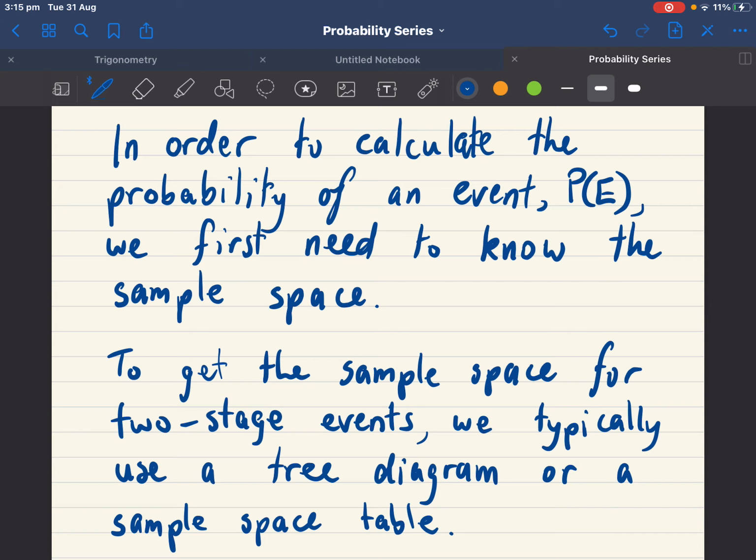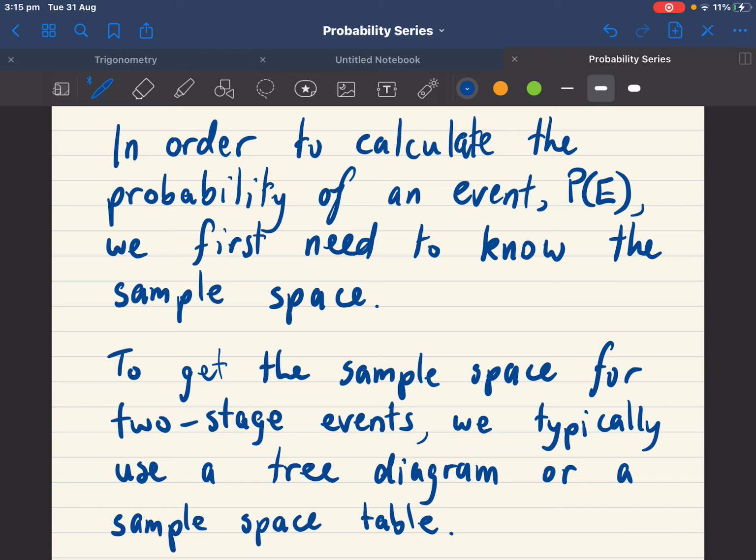And that's what makes multi-stage events trickier. Fortunately for you, that's exactly what we cover in this lesson. I'm going to teach you how to find the sample space. And for those people that have been copying down or reading these notes, there's 2 typical ways we do this. We can use a tree diagram, or we can use the sample space table, right?